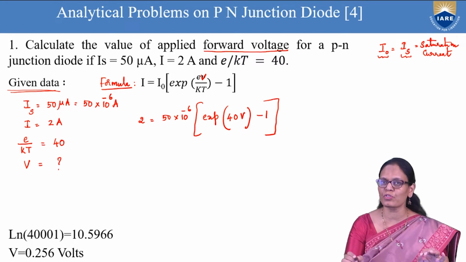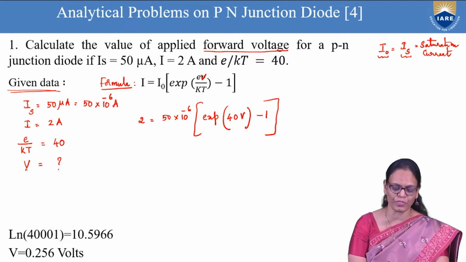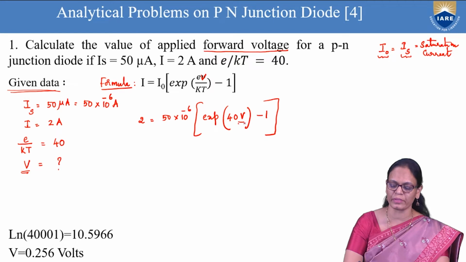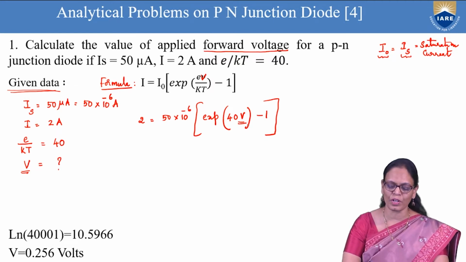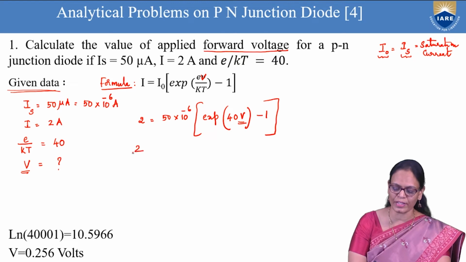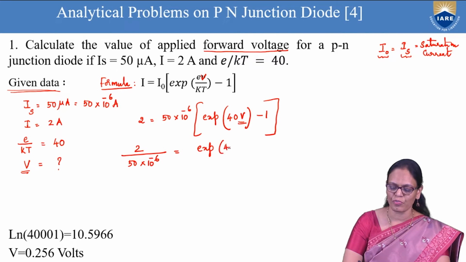And what we have to find now is the voltage. We have to find the voltage, that is V here. So let us find out V from this expression. What we are going to do is, I'll take all the values onto this side, 2 into 10 power minus 6 will be equal to exponential 40 volts minus 1.